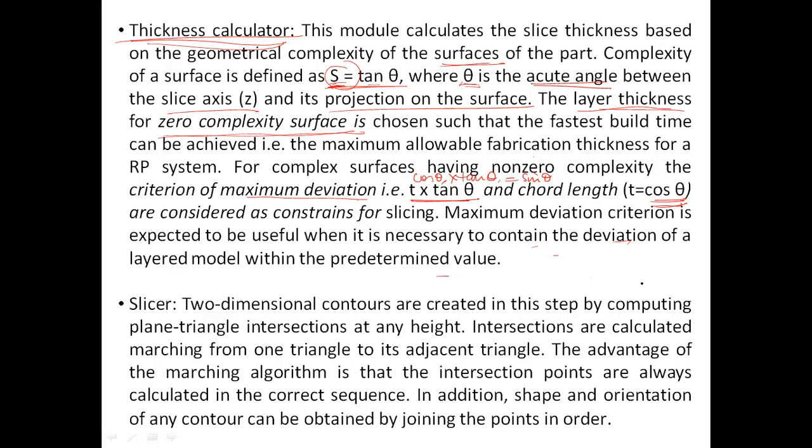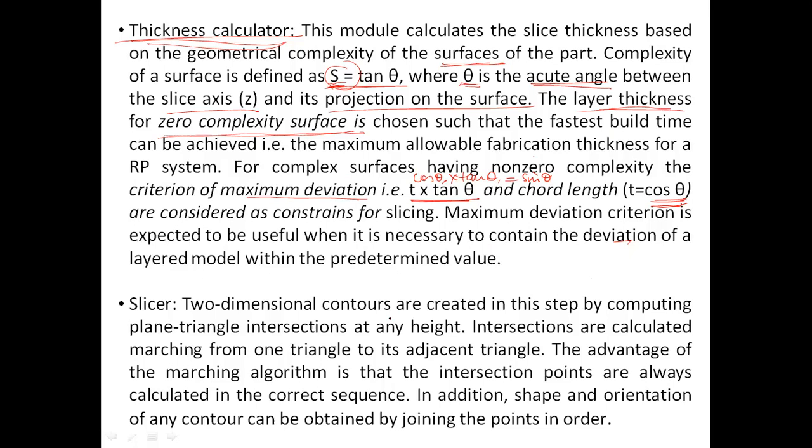Now complexities basically means, like, if there is a surface like this, where you have lots of protrusions and lots of curvatures, obtaining S for this type of surface is very difficult. So for simpler surfaces, this algorithm actually worked very nicely.